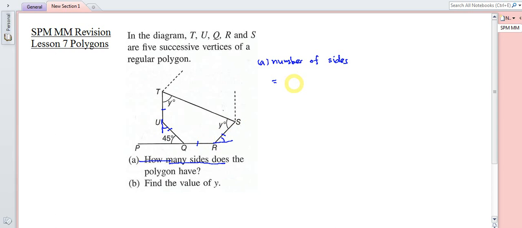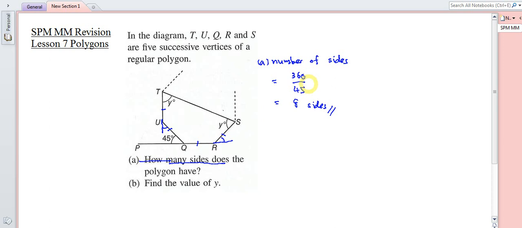So if we want to determine the number of sides of this polygon, we just take 360 divided by the axial angle, 45. Okay, so you just press the calculator and you will get 8 sides. Is that right, easy? So normally, if the question asks us about the number of sides of the polygon, we use this method.